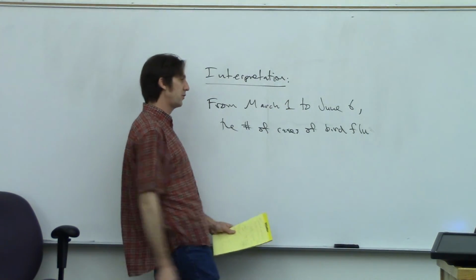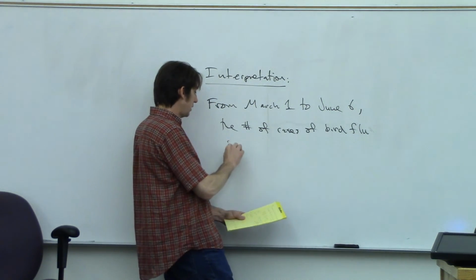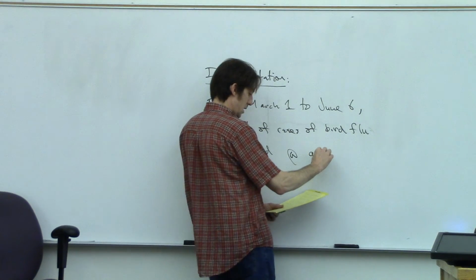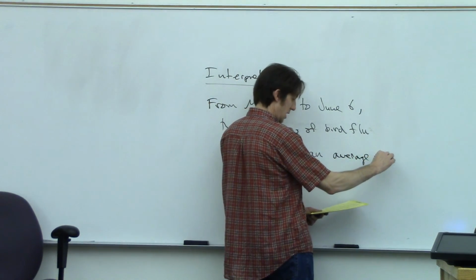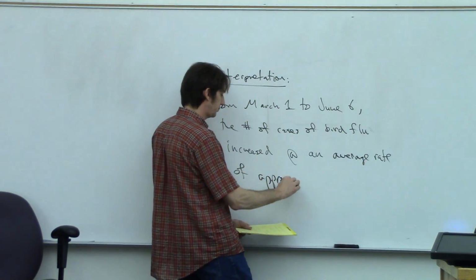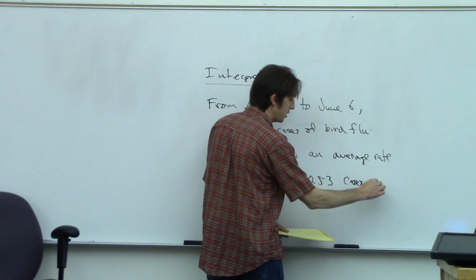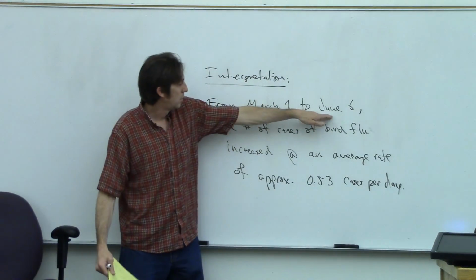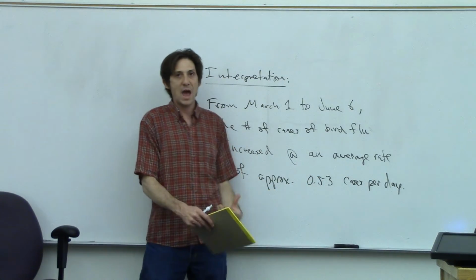All right, but here we got a positive rate of change, so the number of cases of bird flu increased at an average rate of change of approximately 0.53 cases per day. So over this time interval, right, the number of cases was growing at about half a case per day.